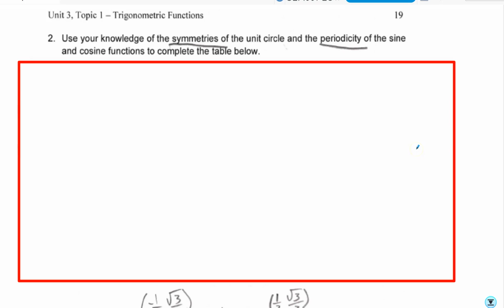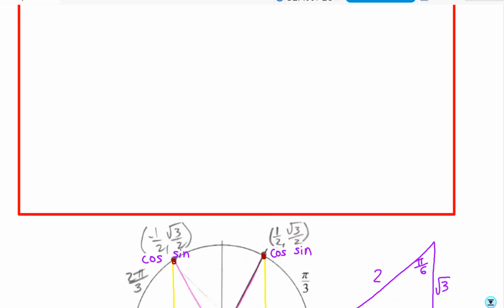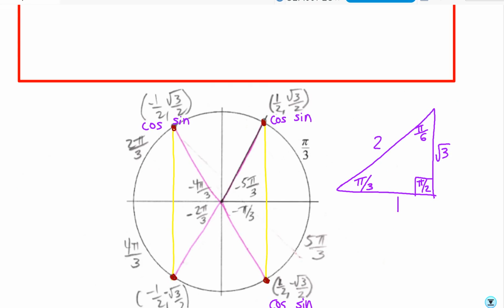Now we're going to do the same thing with a different triangle this time. This time, rather than the angle in the first quadrant being pi over 6, this time it's going to be pi over 3. So you're to think of your special right triangle that's reflecting, you're to think of it as being a 60-degree angle here next to the origin.